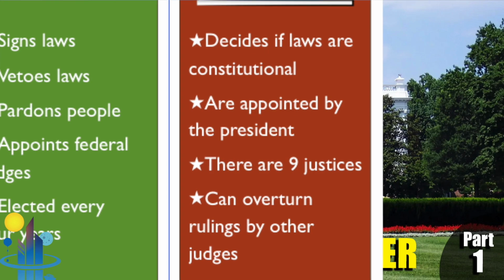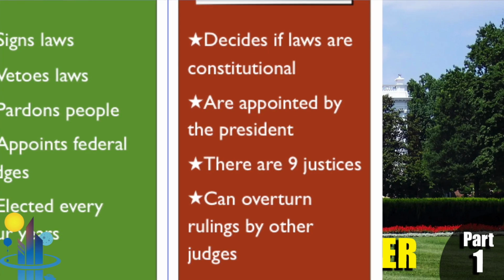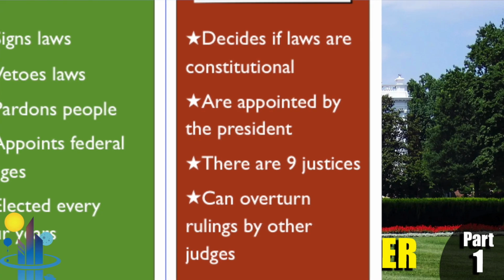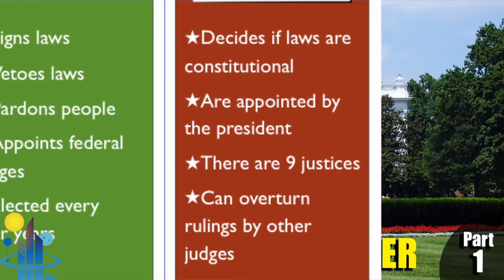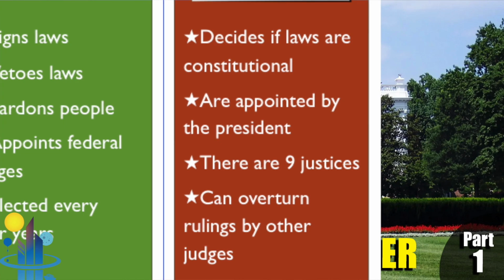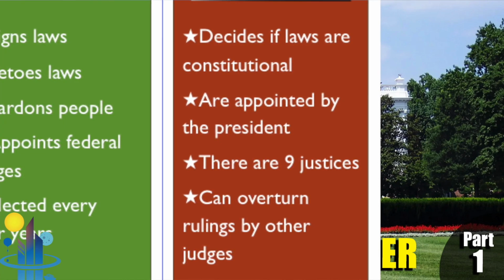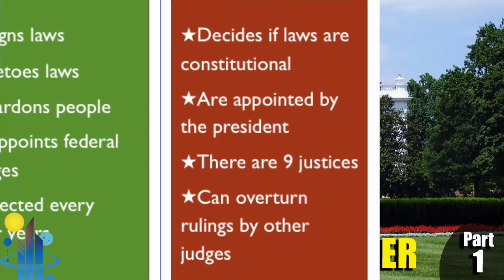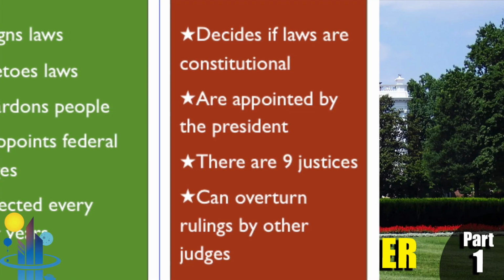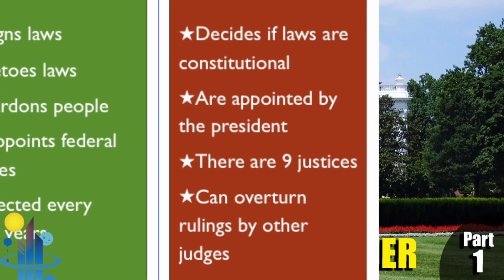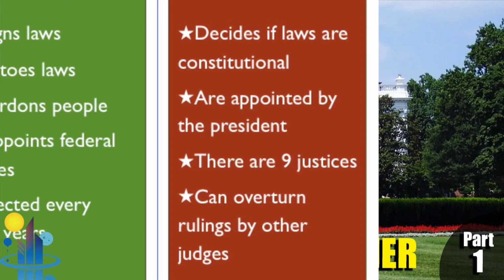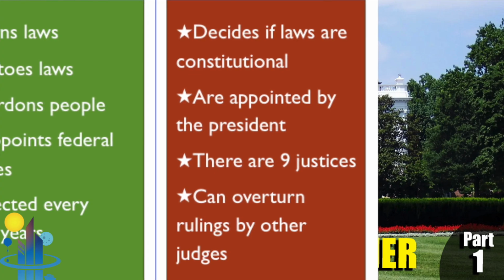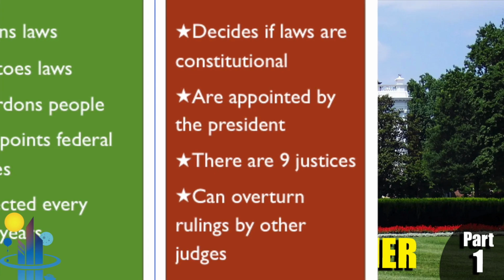Now going back to who can appeal. In a civil case, any party can appeal the verdict, whether by jury or bench trial. In a criminal case, the defendant can appeal a guilty conviction, but the government cannot appeal if the person is found not guilty.